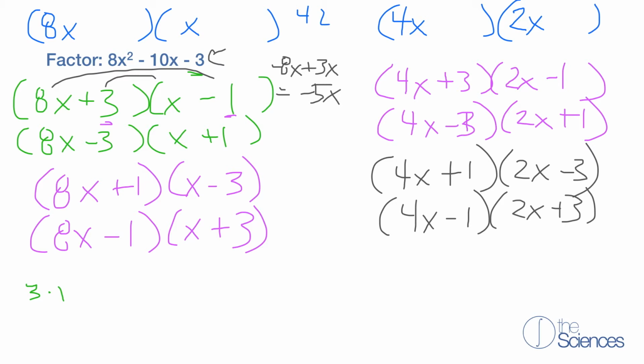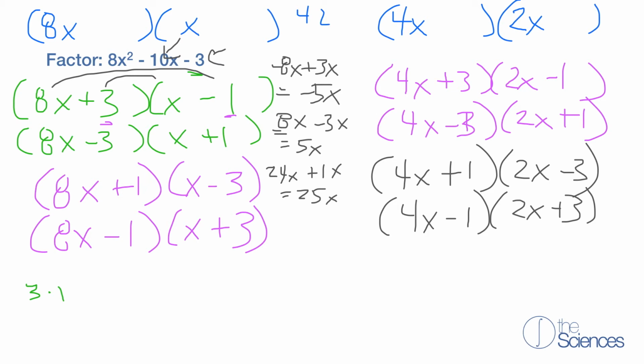So we want to find a term that equals our middle term of negative 10x. So now here we have 8x minus 3x equals 5x. So now here we have 8x times 3 is 24x plus 1x equals 25x.